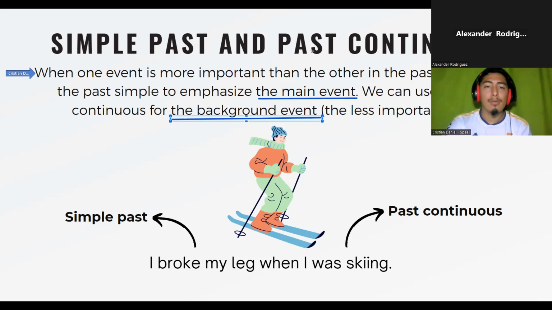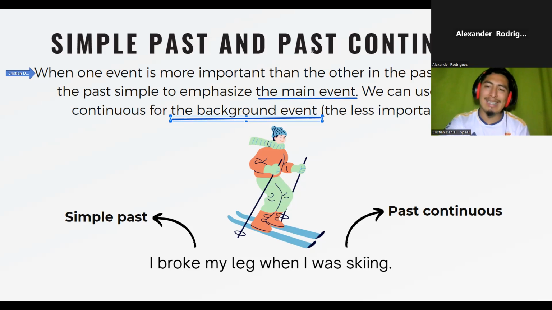Okay, Alex, I have a question. In your opinion, which event is more important? The most important is I broke my leg. Okay, that's pretty nice. I broke my leg is the most important event in the sentence.